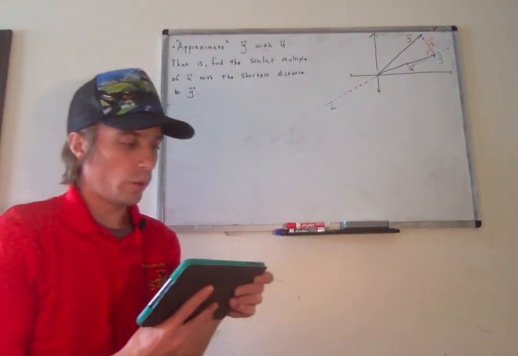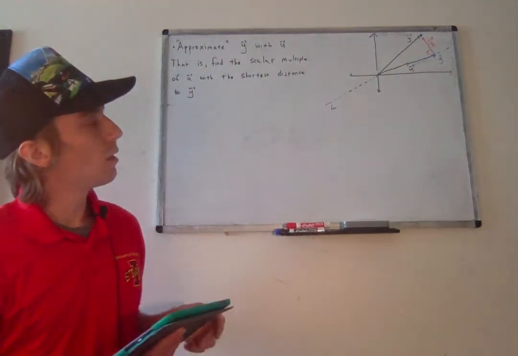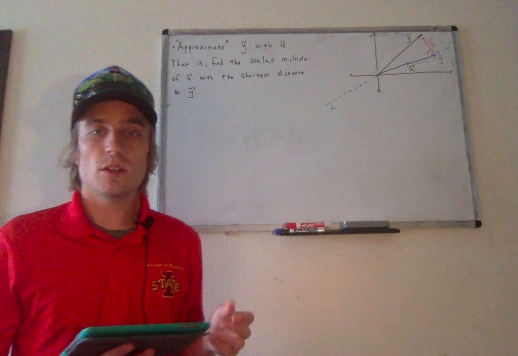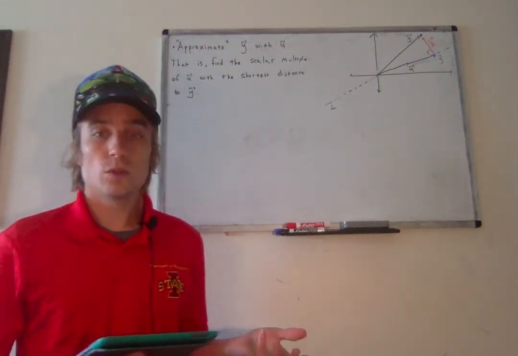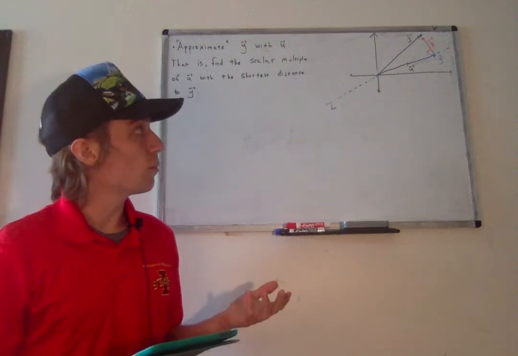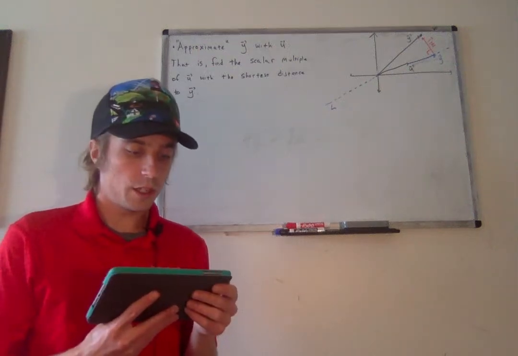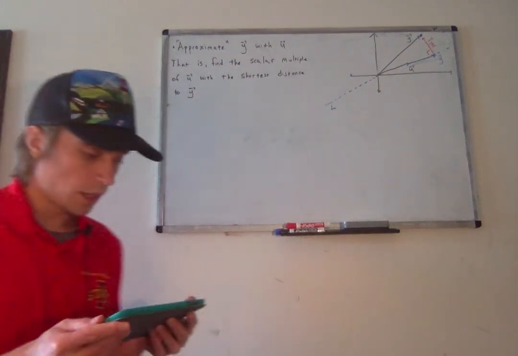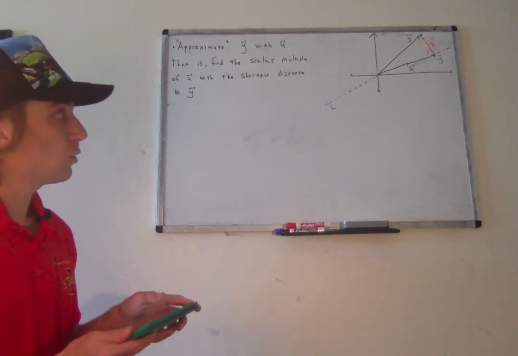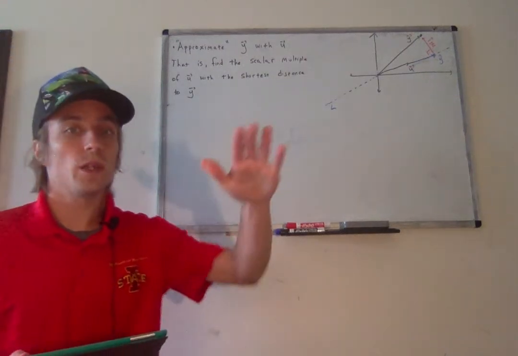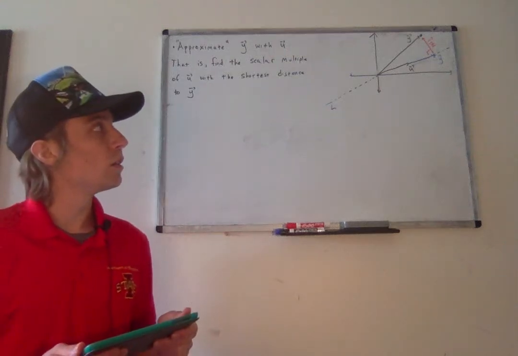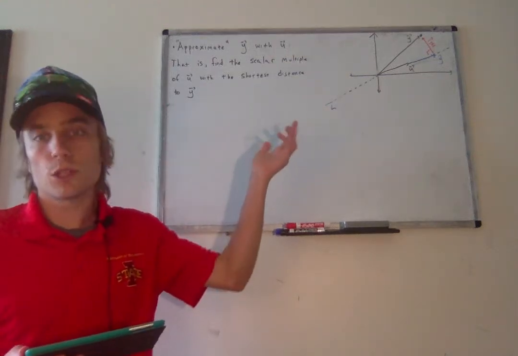Well, we know that in this case, z is going to be orthogonal to u, so we actually know a lot about what is going on here. We know that z is orthogonal to u, because it forms a 90-degree angle with the line defined by u, or z is orthogonal to y hat, whichever vector you prefer.